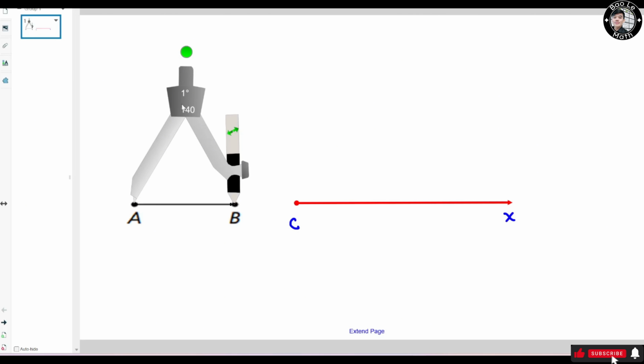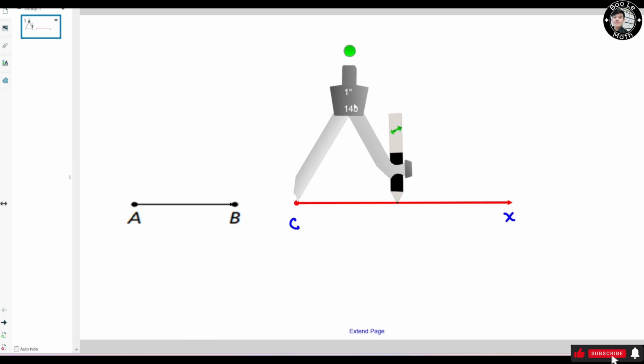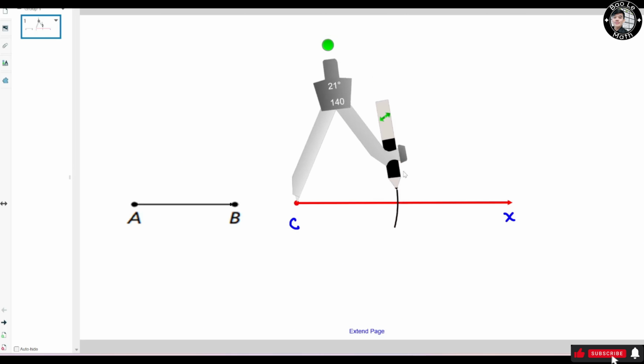Now step number 3, I'm going to keep the same compass setting, right? I'm going to move over here, where the compass needle at point C, and I'm going to draw an arc right here, right? Then I have the new intersection point. I call this point D, right? So I just literally constructed a line segment CD such that CD congruent to AB.